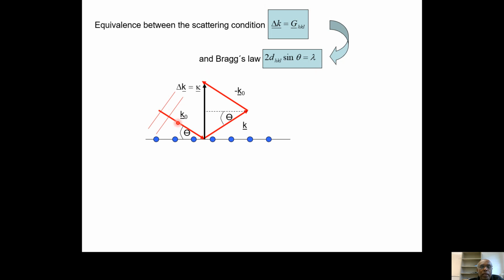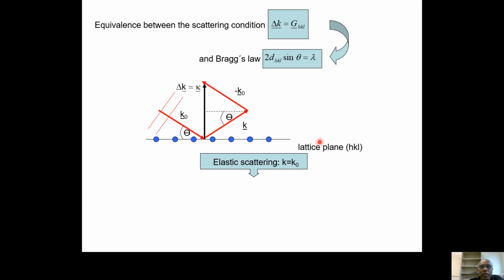Like I said before, K0 comes in and gets reflected with K. Then your delta K is K minus K0. This is nothing but 2d sine theta, right? Somebody can also easily draw this: if this is a lattice plane, the distance between two lattice planes is 2 pi over that d value.